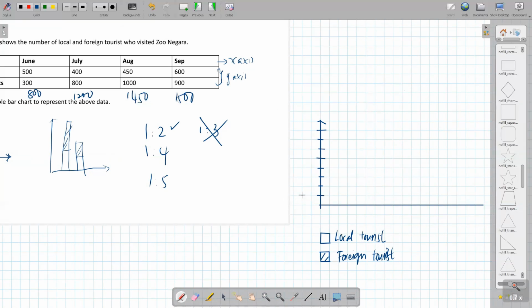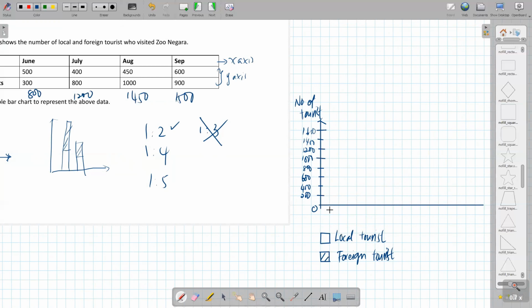Okay, we start to label this. So 0, 200, 400, 600, 800, 1,000, 1,200, 1,400, and 1,600. And this will be the number of tourists. Then next, your month.